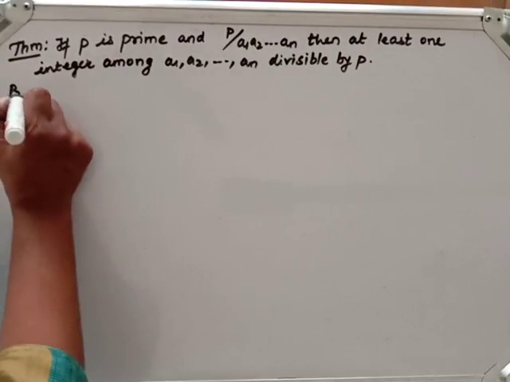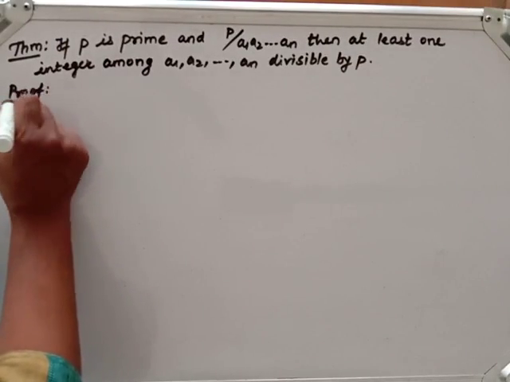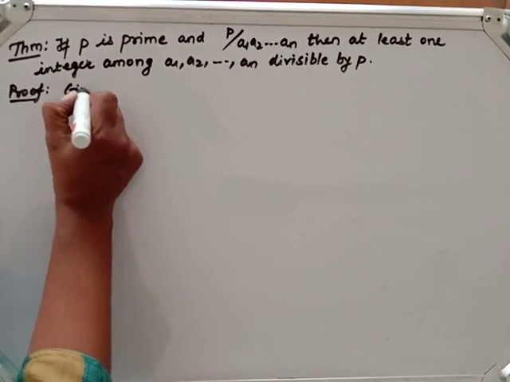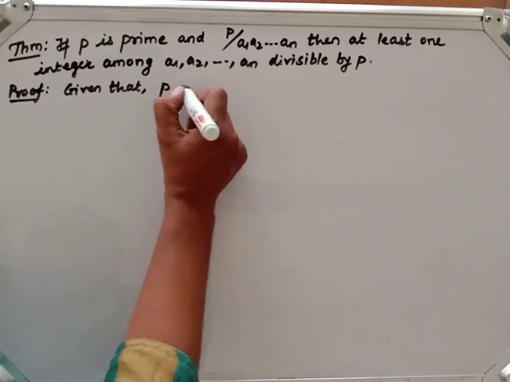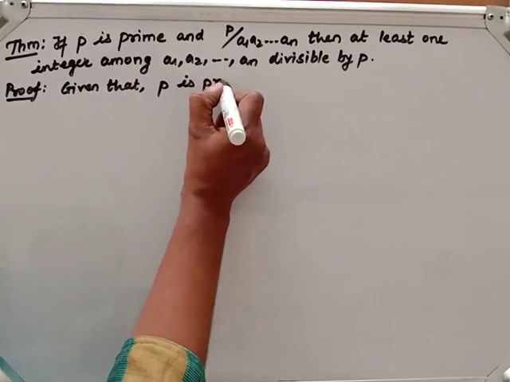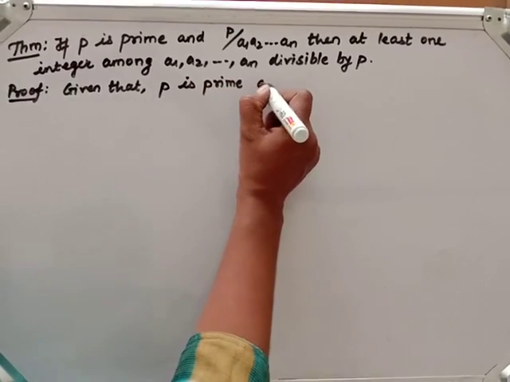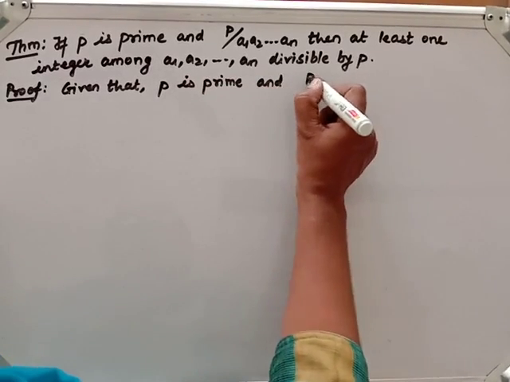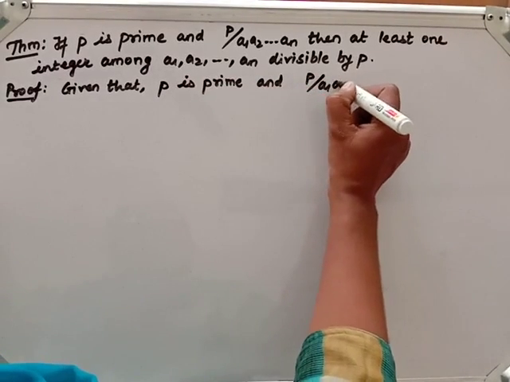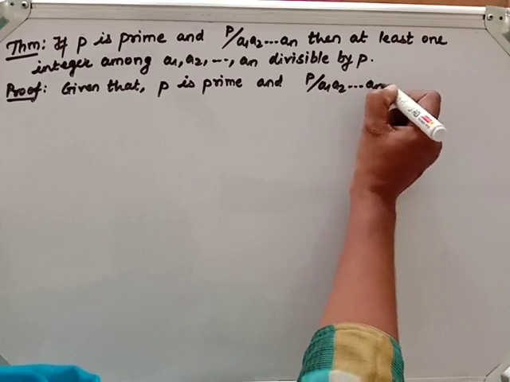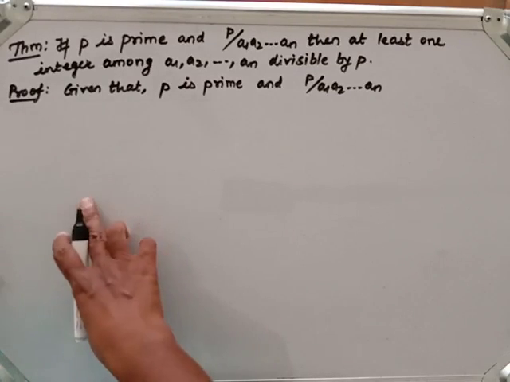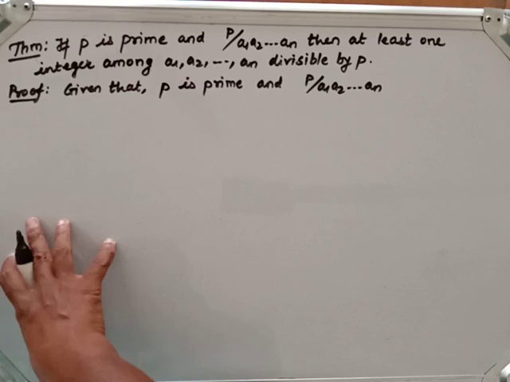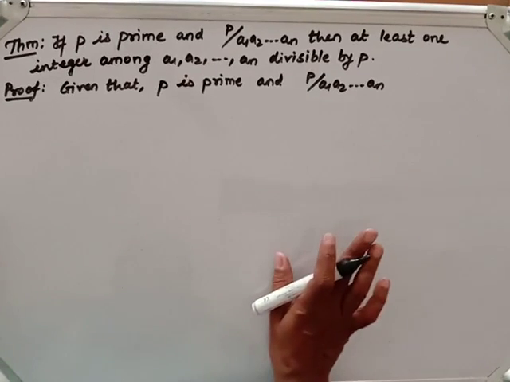Proof of this is given that P is prime and P divides A1, A2, and so on up to AN. Here, if we go as in the previous theorem, it needs many steps.